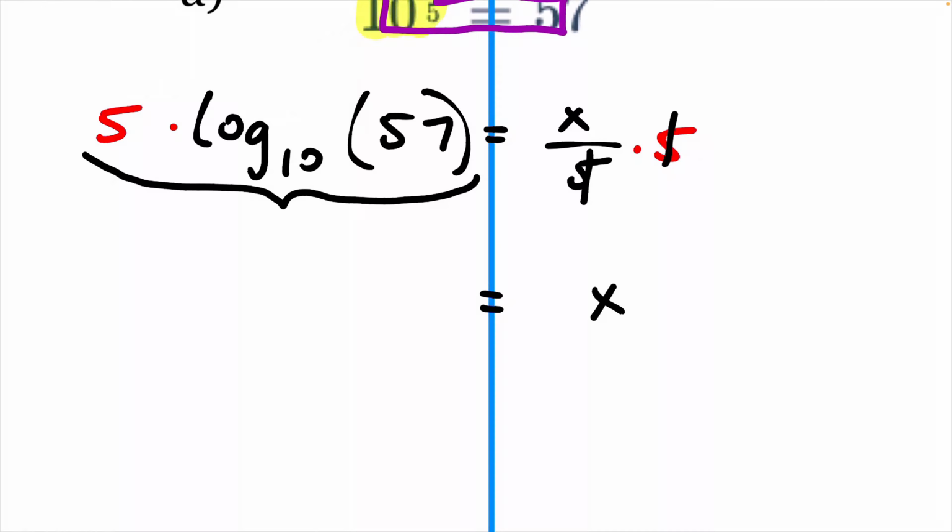So that's where our calculator is going to come in. Okay? So I want you to round to the hundredth. Luckily, this one has a base of 10. So we don't have to do change of base. It's perfect for us. Our calculator does base 10. So what do you get?